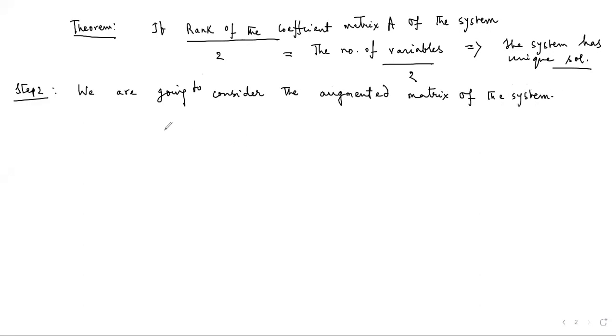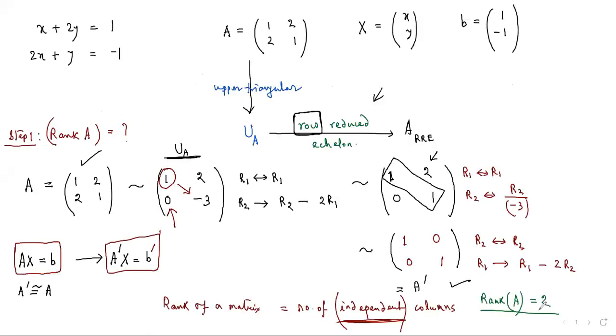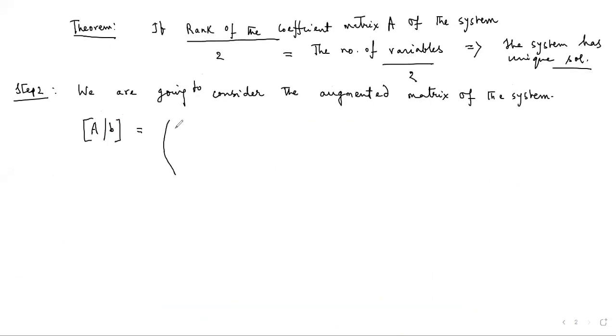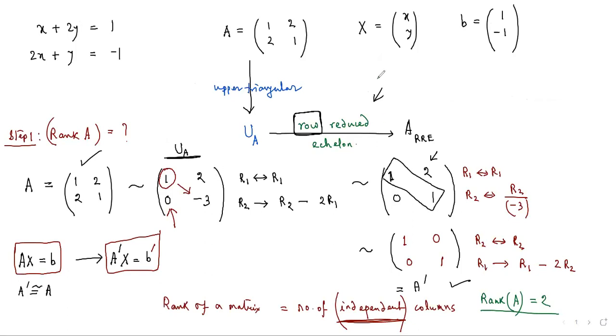The augmented matrix is represented by A B. As you can recall, it is represented by A B, and it is given by what we do. We write the coefficient matrix first, 1, 2, 2, 1. We put a kind of augmentation. That means a particular column is getting added, and the right hand side, that is 1, minus 1, is written over here.